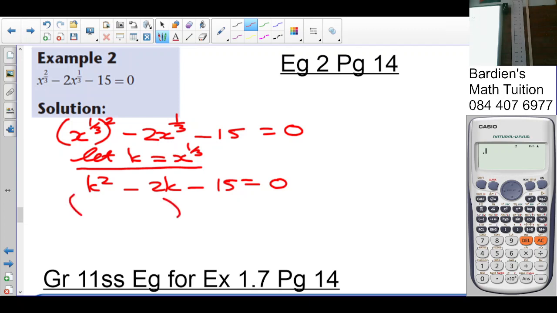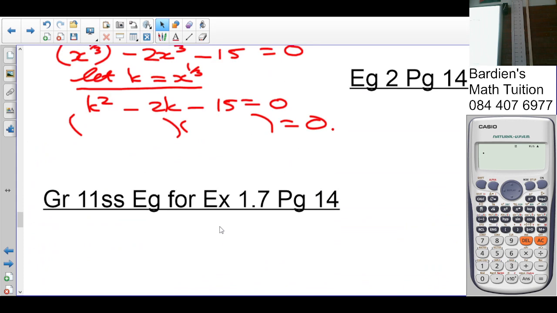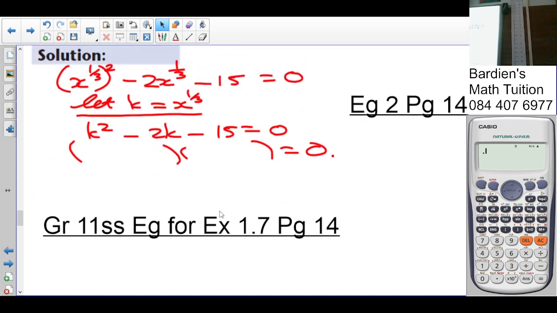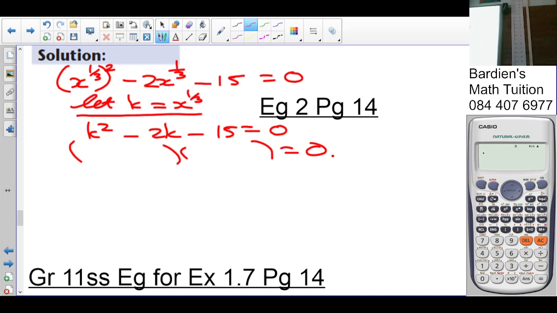Factorize, trinomial stuff. No? If you now use a quadratic formula, you may. Otherwise, we will do it using the rules of trinomial. Right. So this gives us what? k and k. So 15, 5 and 3.